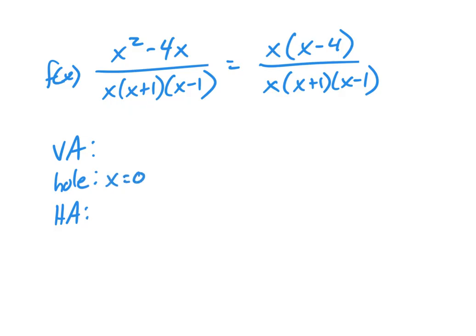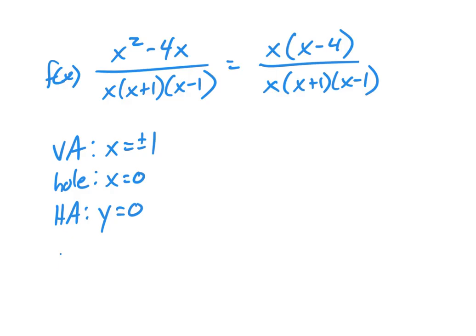My vertical asymptote would be at +1 and -1. My horizontal asymptote, the degree of the top is 2, the degree of the bottom is x times x times x, which is x cubed. So 2 is less than 3, so it would be y equals 0 once again. Top is less than the bottom.